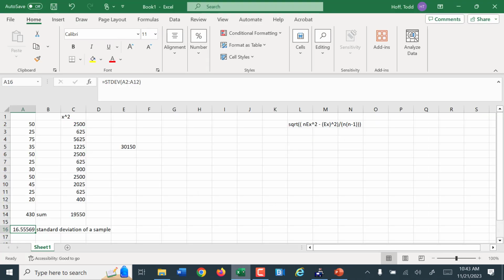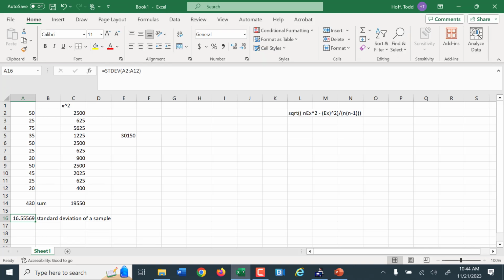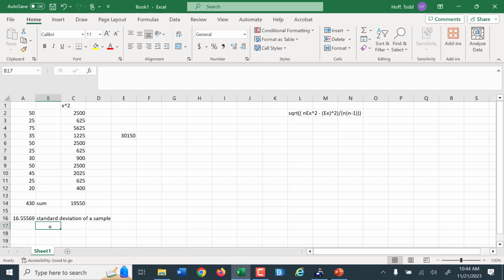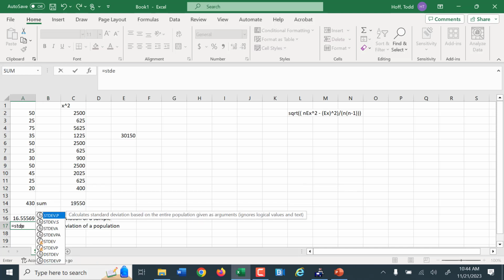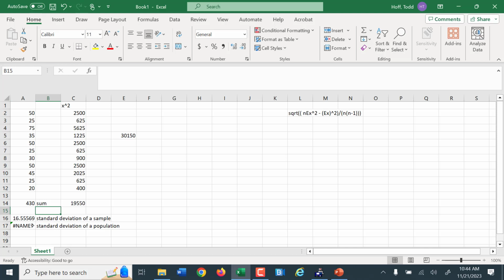So to show you here, this is a sample standard deviation. If this were a population, I would use equals STDEV.P.